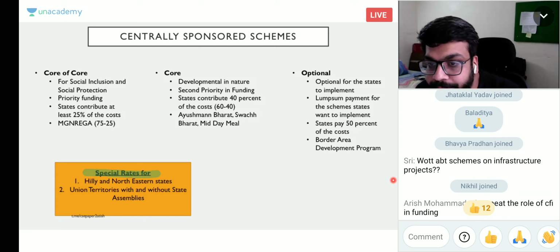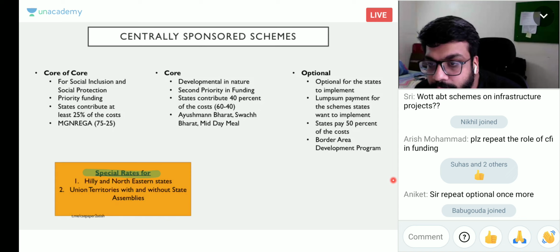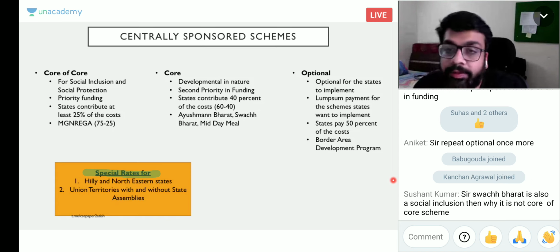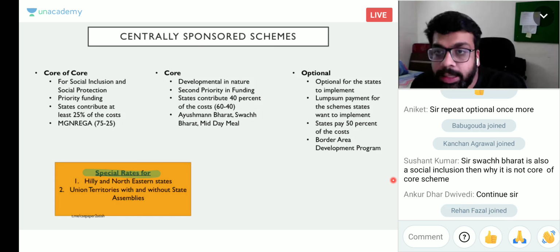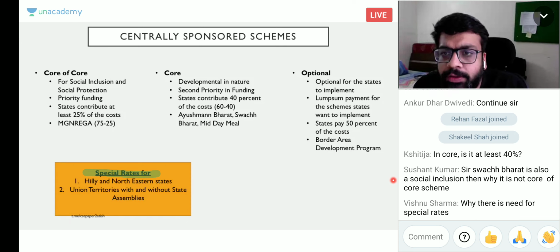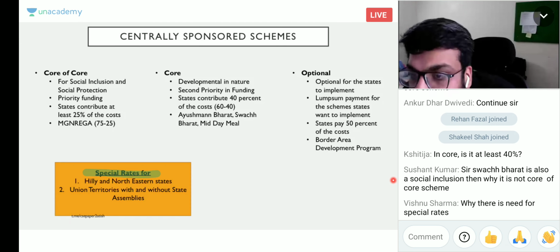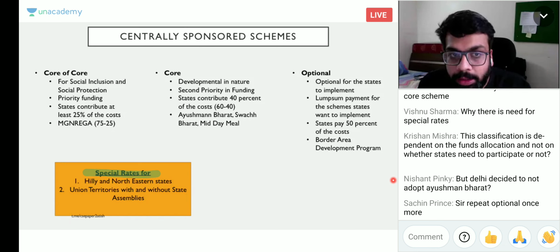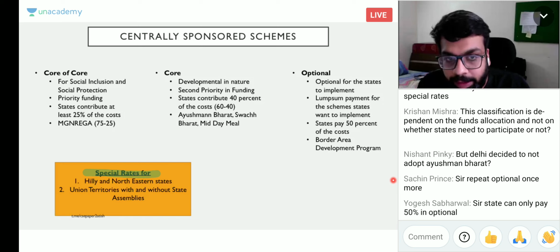Okay. If the states do not want to implement core of core or core schemes, and they've taken the money for it, this can call for action against the states. This would also mean enough grounds for breakdown of constitutional machinery. Ayushman Bharat is core because it is second priority in funding.